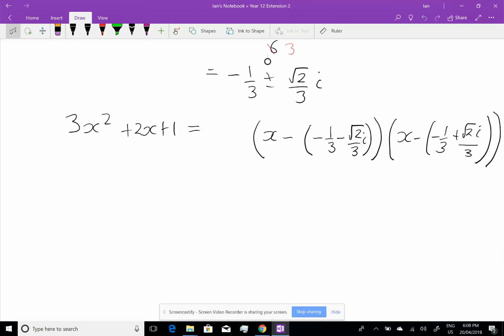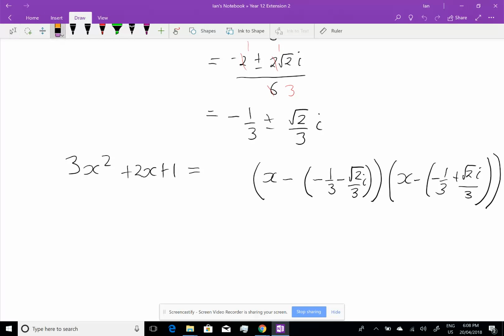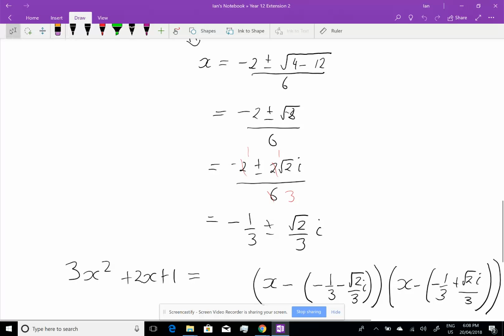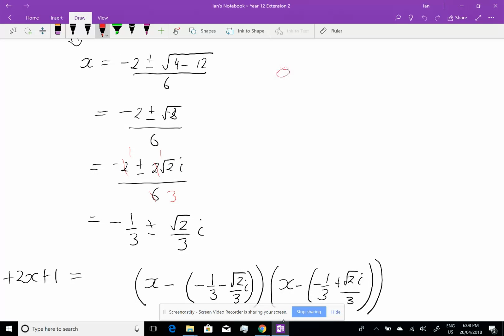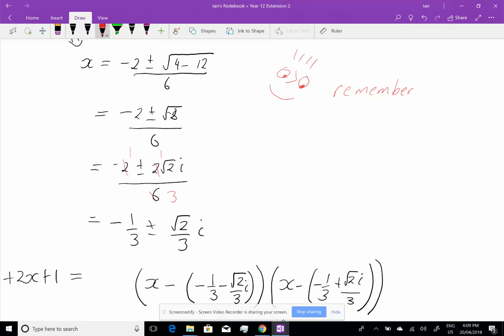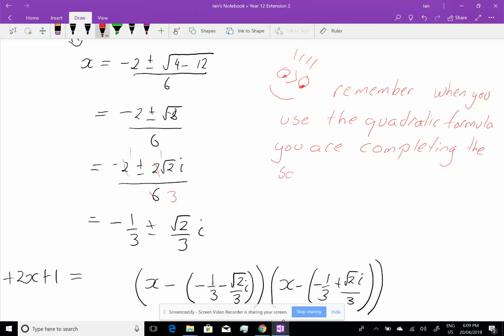But because I used the quadratic formula, and you need to remember this when you're doing these, which is why I chose this question: when you use the quadratic formula you are completing the square, and you're solving an equation.